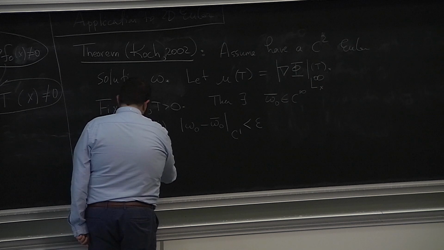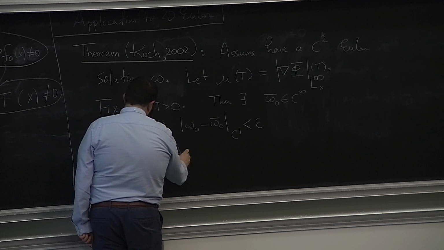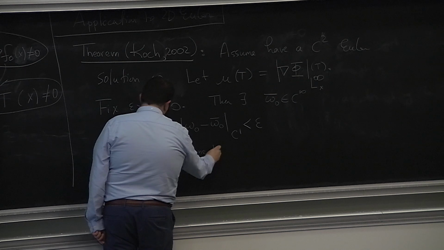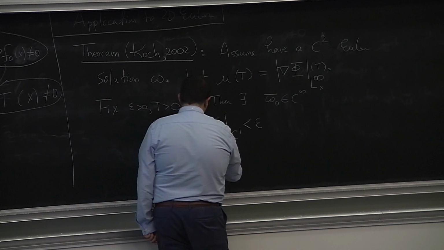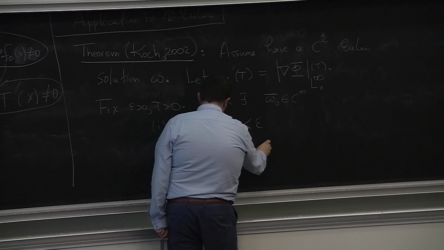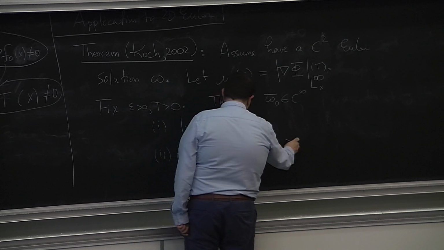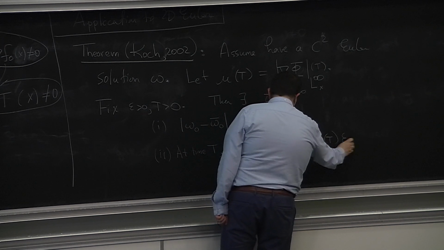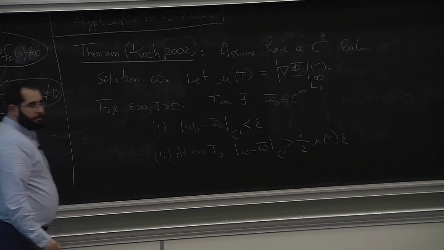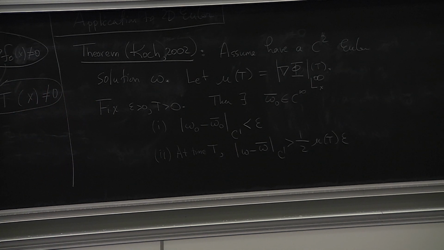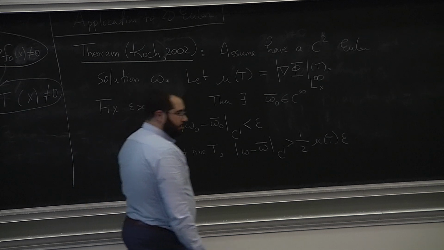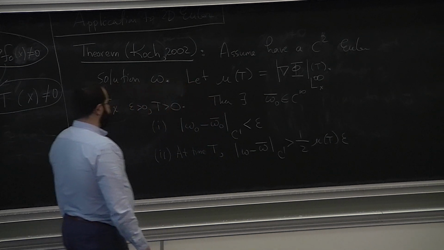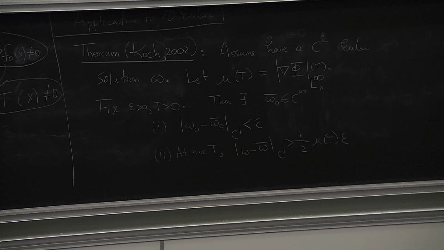But at time t, the solutions are apart basically exactly how much you would think. And the 1/2 can be like 1 minus delta. Omega bar is the solution of the Euler equation with omega 0 bar. Okay?